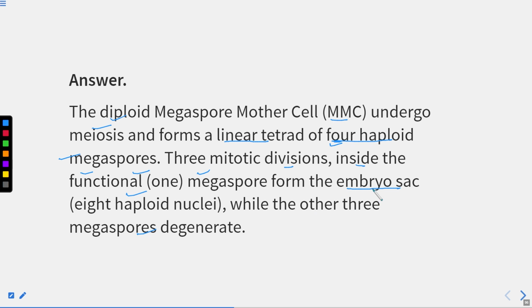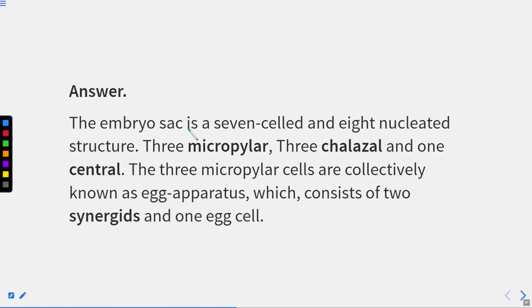Alright, so the embryo sac is an 8 nucleate structure. This you already know. The embryo sac in angiosperms is an 8 nucleate and 7 celled structure. So this is clear. There are 3 micropylar, 3 chalazal and 1 central.